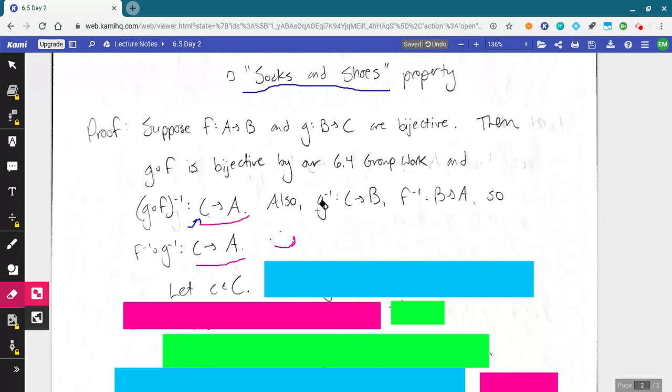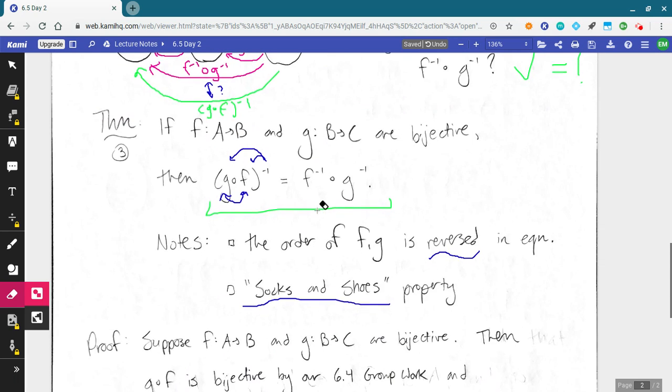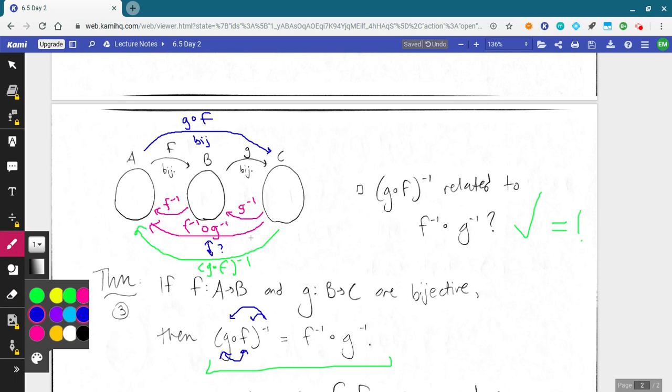If I slide up to our diagram, our little c is hanging out here in our right-hand set. If we want, we can send it through our G inverse to get an element here, and then send that through our F inverse to get an element over here. Let's take a minute and introduce these.